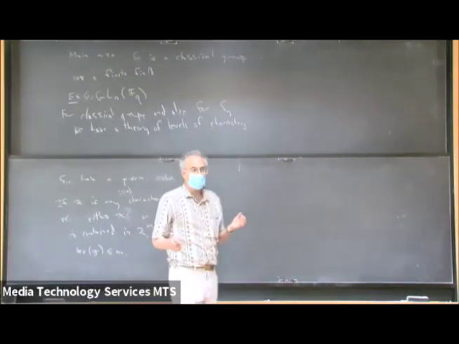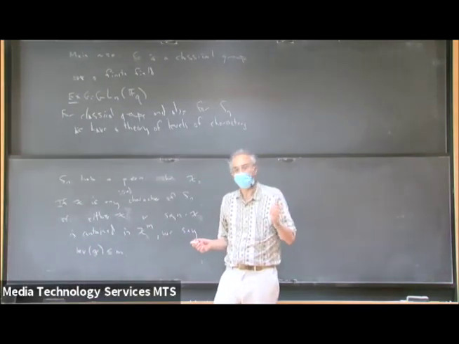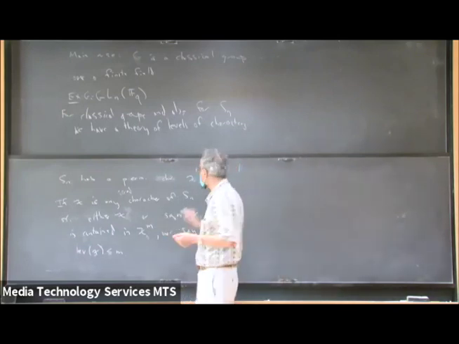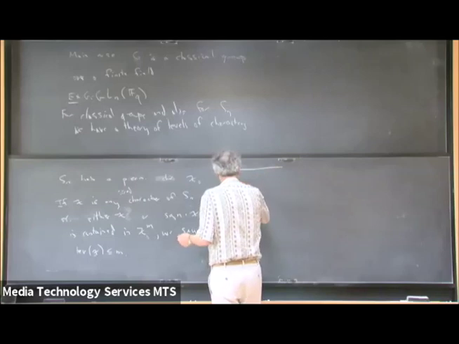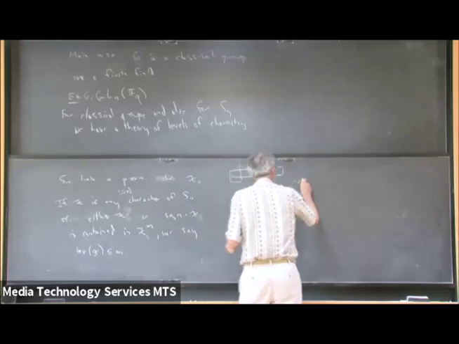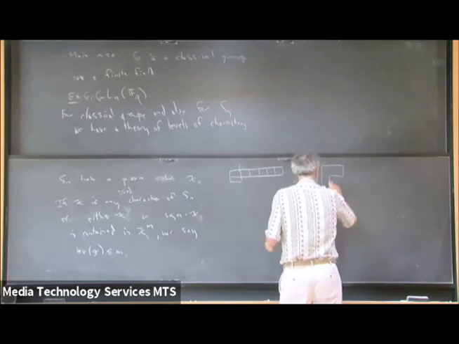So what is the effect of this? What does a character of level 0 look like? It's either the trivial character or the sign character. What does level 1 look like? Well, it looks like this, or it looks like this.